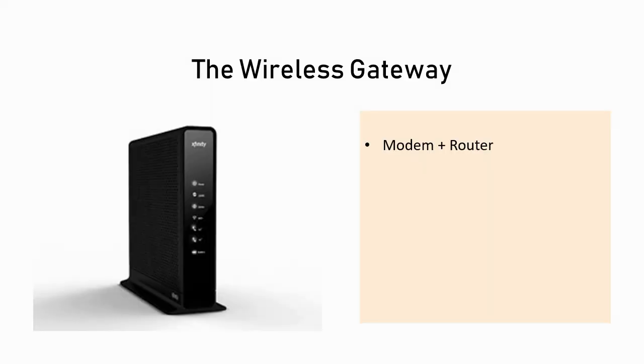We talked about the modem and the router. Often internet service providers combine both the modem and the router into one single unit called the wireless gateway. So if you have been given a wireless gateway from your service provider, you don't have to purchase a separate router. It has an inbuilt router. Packing everything into one single device means it offers very little flexibility, and it is also highly unstable.